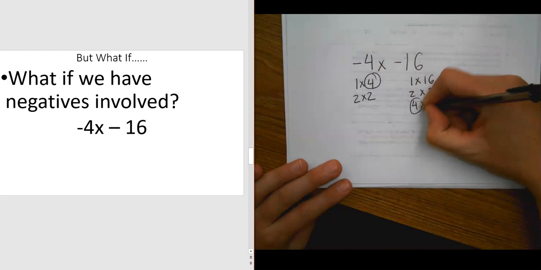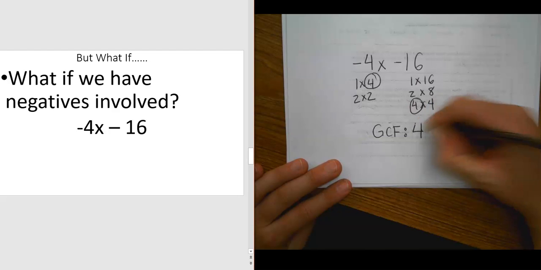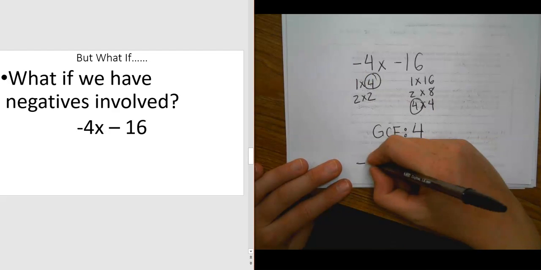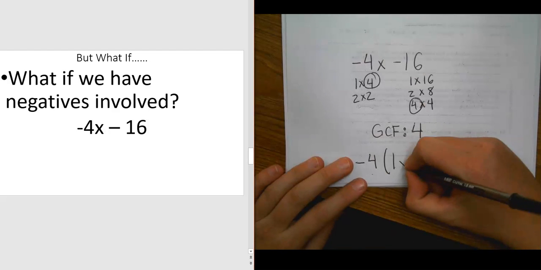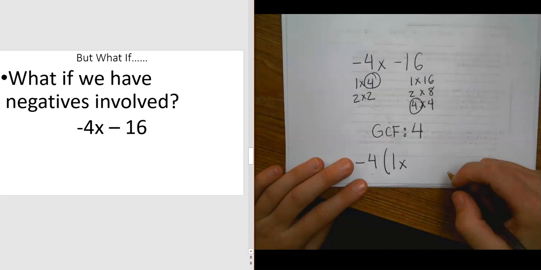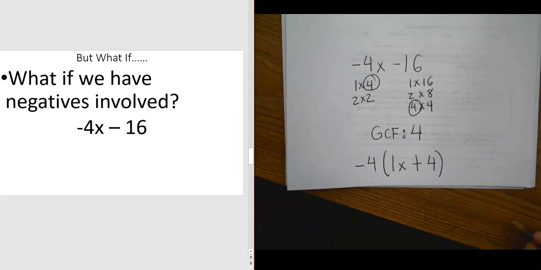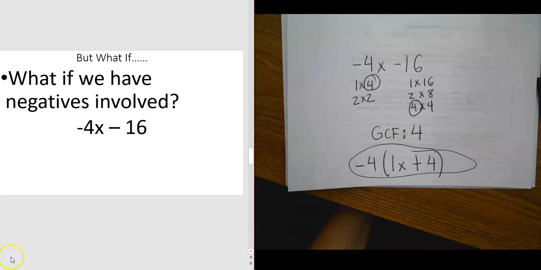Yes, it is. My greatest common factor is 4. Because this is a negative, I want that negative out front. So I put the negative 4 here. Negative 4 times what equals negative 4? That's a 1. Negative 4 times what equals negative 16? Positive 4. And that's my answer. Okay, good luck. You got this.